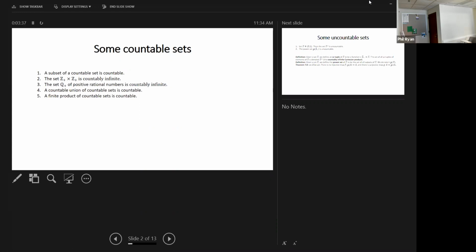This also gives us a second proof for why the Cartesian product of the positive integers with itself is countably infinite. Remember, when we looked at it on Monday, we actually constructed a bijection from Z plus cross Z plus to Z plus.